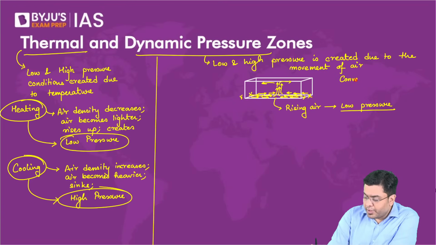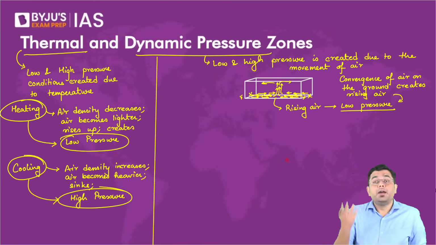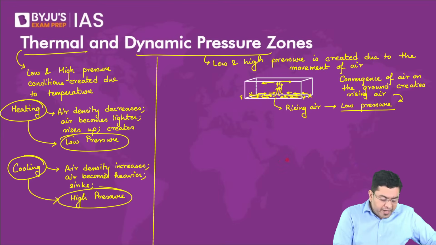Convergence of air on the ground creates rising air. And that rising air is basically going to create a kind of a low pressure. Now, when we talk about another condition where we reverse this.